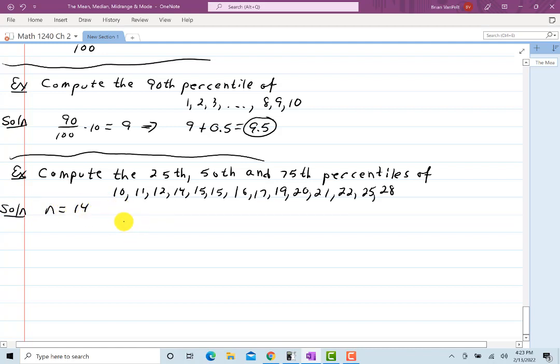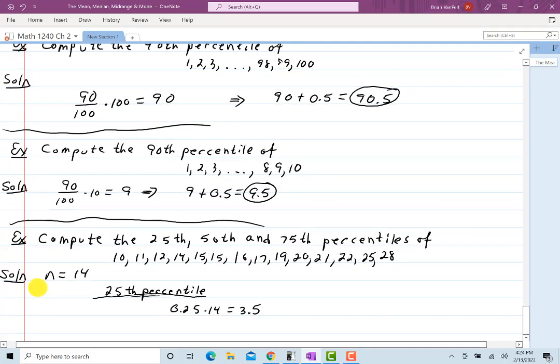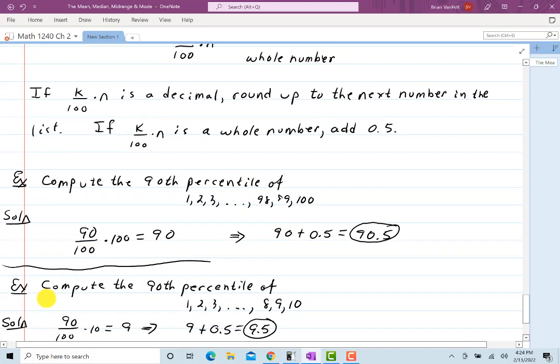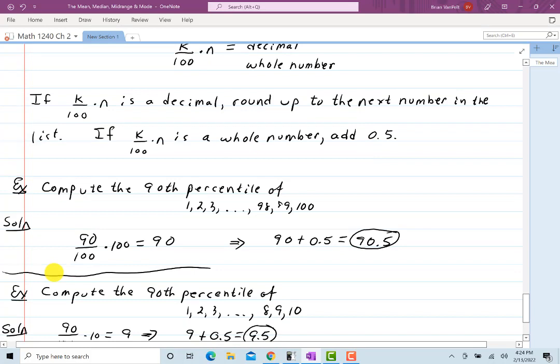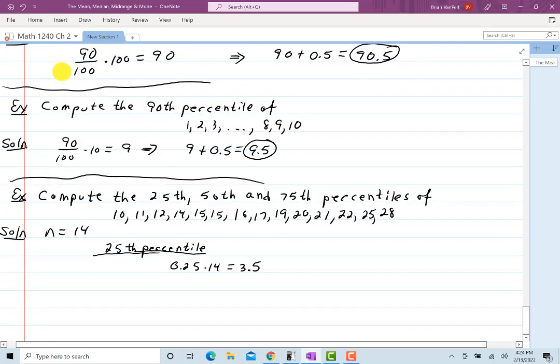And now let's take a look at the 25th percentile. We take 0.25 times 14 and find out it equals 3.5. So what do we do if we end up in a decimal? We round up to the next whole number.